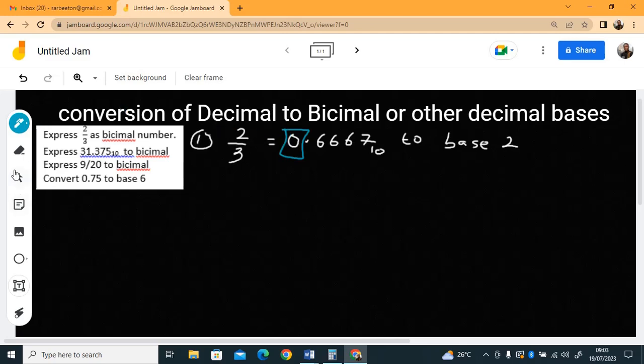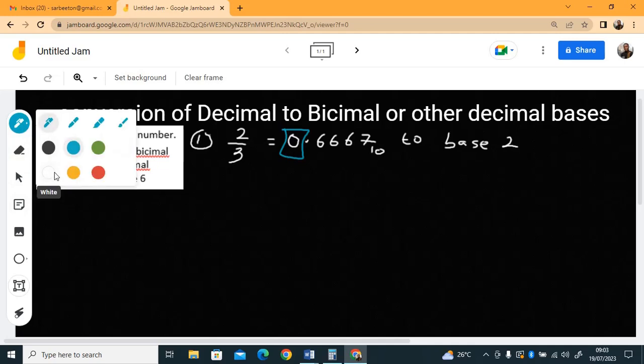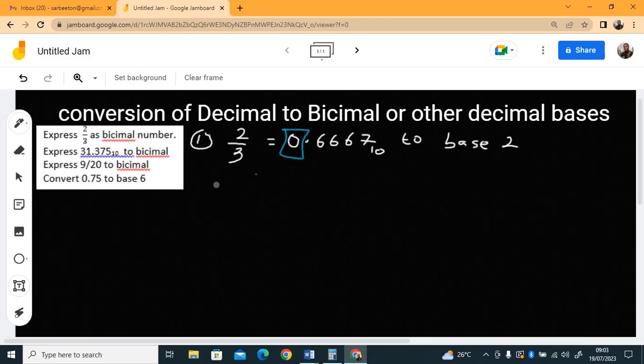What you do here is that, with this 2 over 3, we are going to divide the whole number by 2. First thing, 0. You want to divide it by 2. So 0 divided by 2 will give us 0. So for the whole number, it is 0. That one is sure, because when you divide 0 by 2, you have 0.